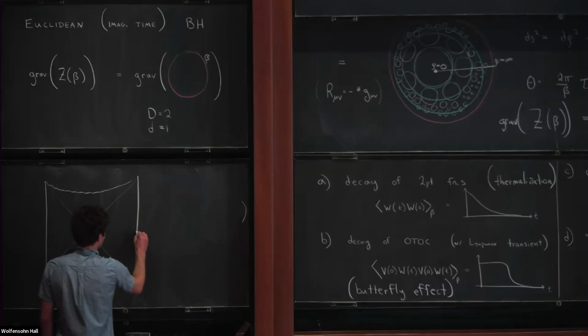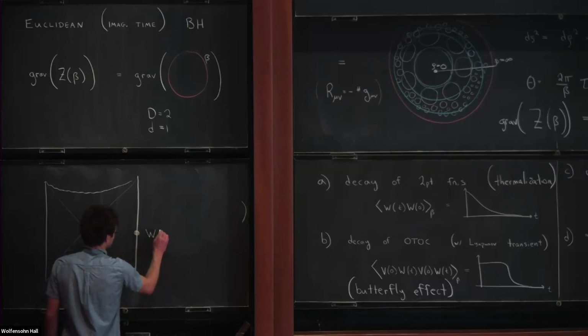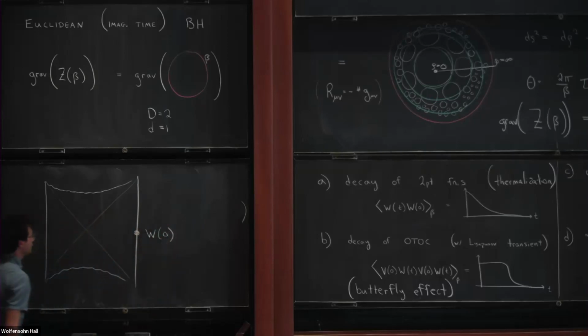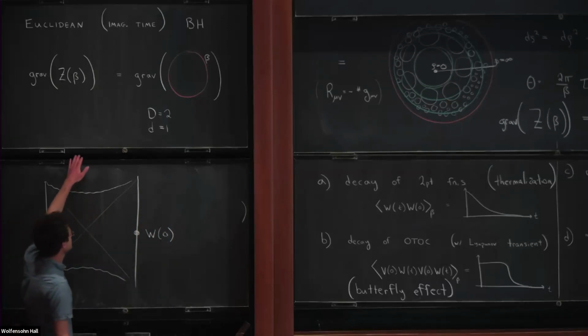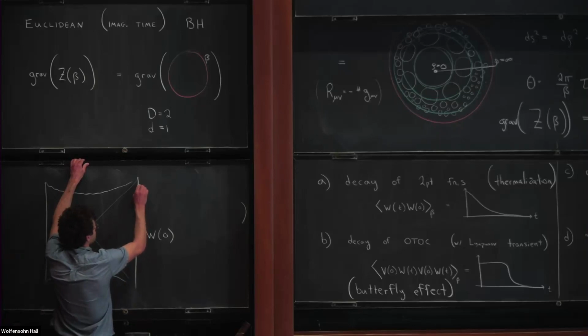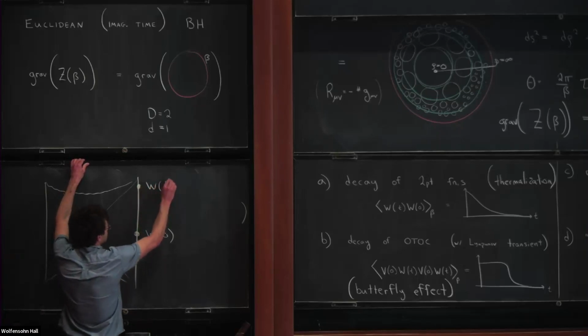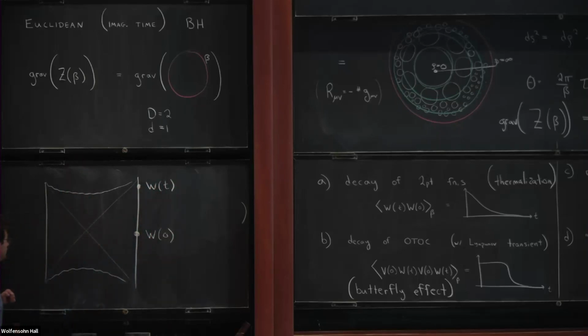And we insert an operator W at time 0 on one boundary. And we insert another operator, which could be on different boundaries, but for simplicity, let's just put them on the same boundary. We'll put another operator W of t at some time t later.